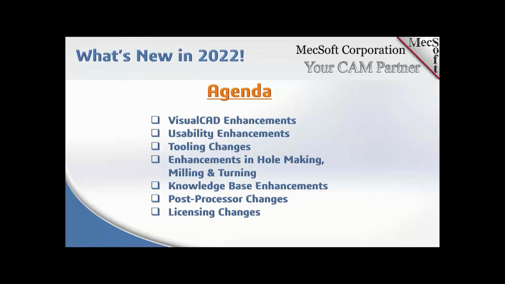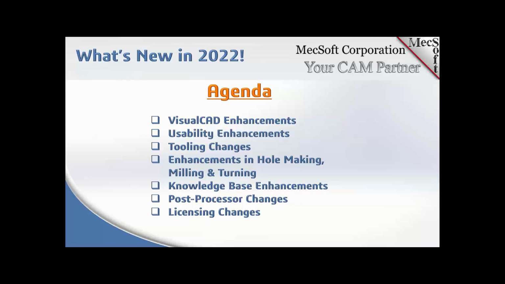So our agenda today is all about what's new in version 2022. We've got a lot of exciting things going on in this version, and I think you're going to like them. We're going to start off by reviewing the VisualCAD enhancements. VisualCAD, as you know, is the base CAD system for our VisualCAD CAM machining platform.